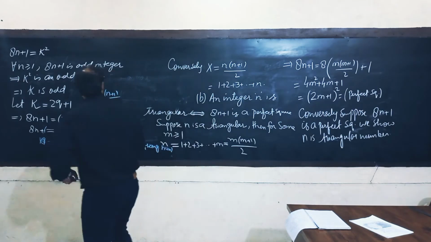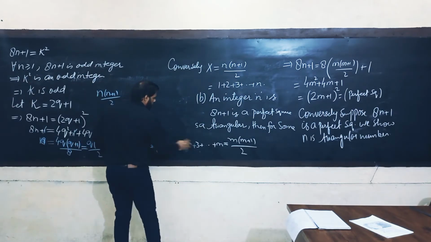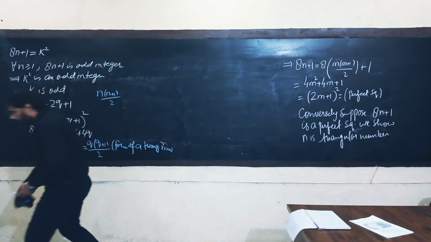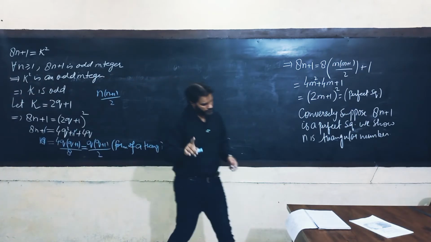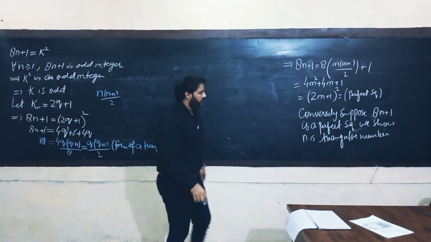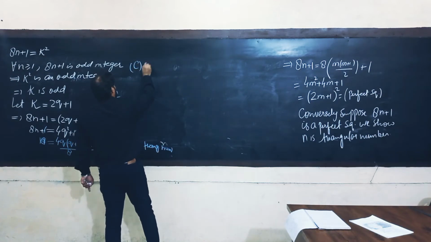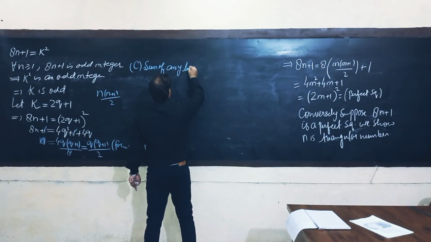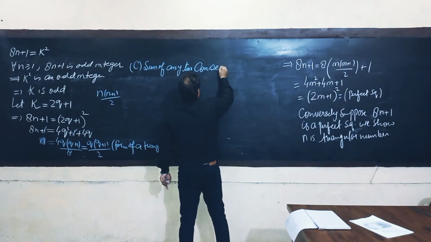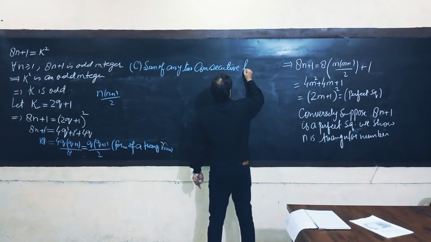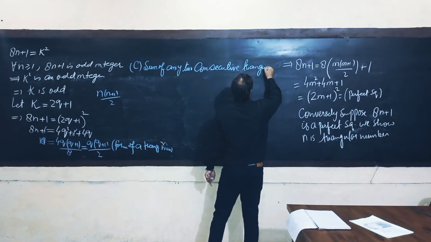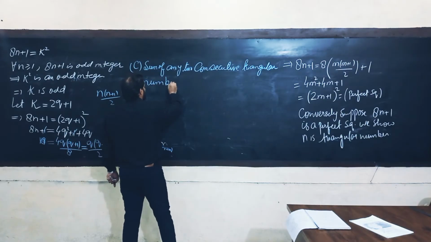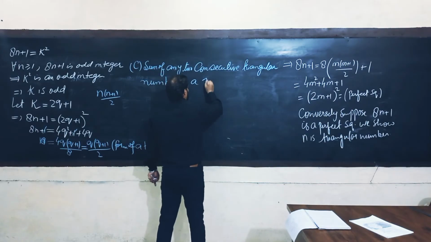Now we have to show that the sum of any two consecutive triangular numbers is a perfect square.